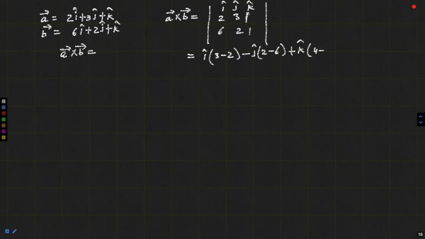What is the answer? So 3 minus 2 I cap, minus 4 j cap, plus 14 minus 14 k cap. So this one is correct. Clear?